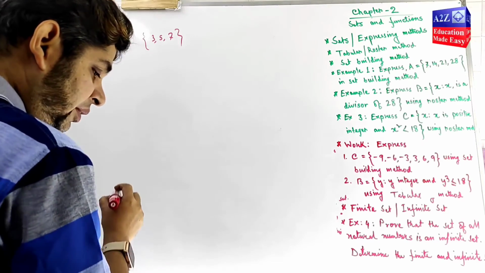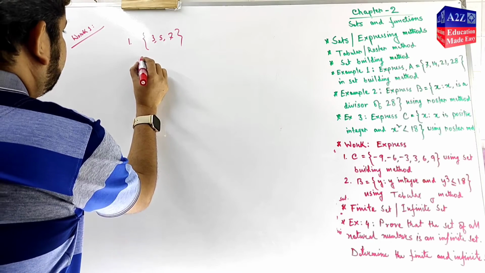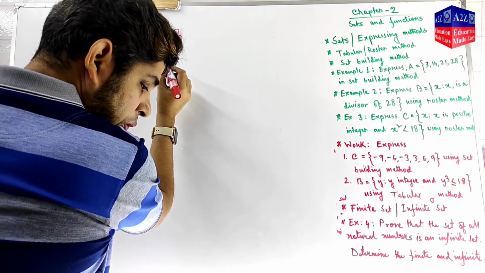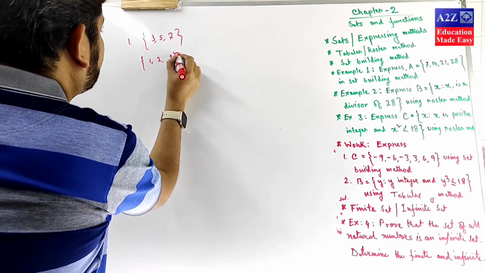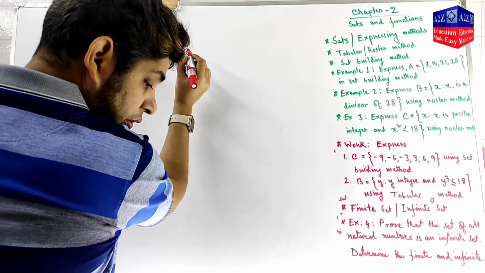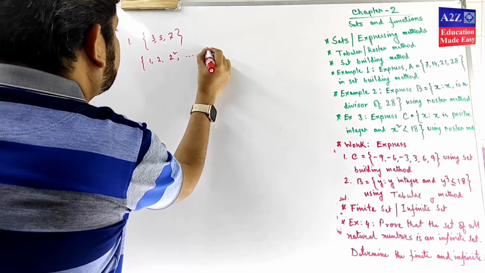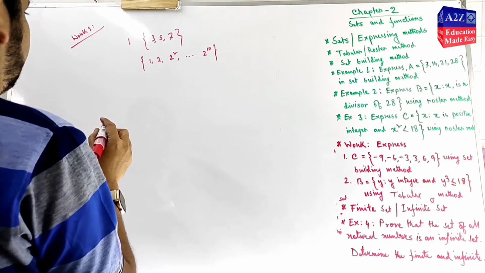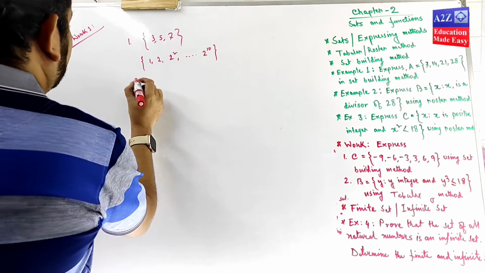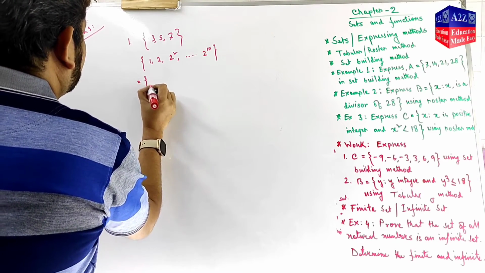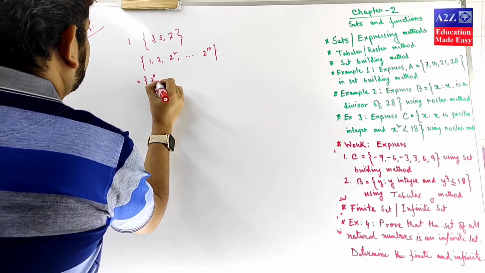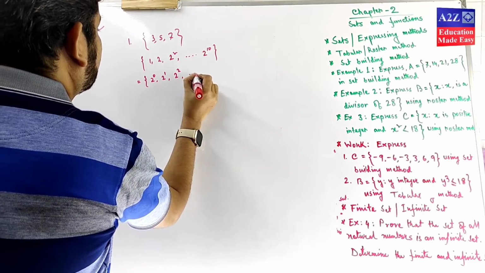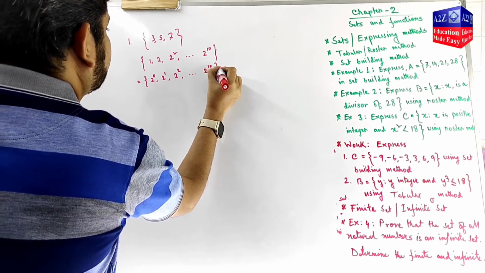Okay. Secondly, another set is given: 1, 2, 2 square, dot dot, 2 to the power 10. I can rewrite these items as 2 to the power 0, 2 to the power 1, 2 to the power 2, dot dot, 2 to the power 10.